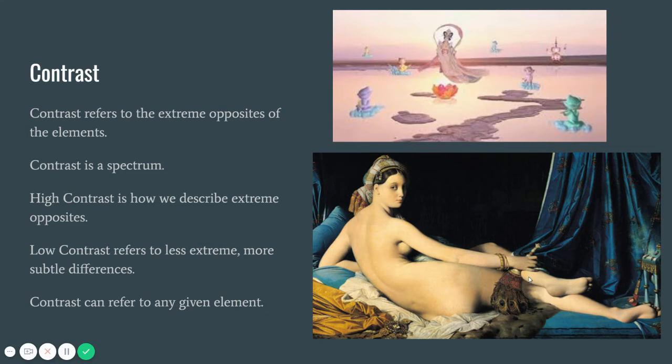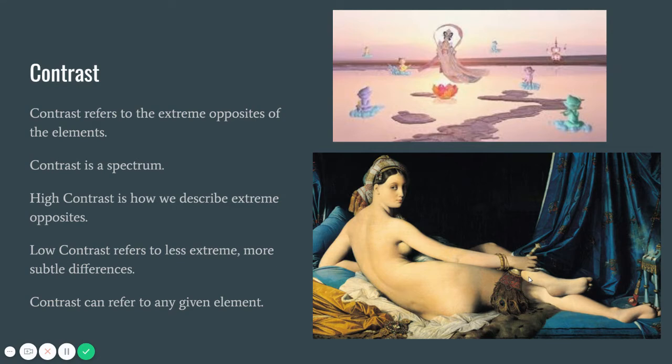Either artwork has high contrast, which means it's extremely opposite, or on the opposite end of the spectrum, artwork has very low contrast, meaning that the differences are very, very subtle, and the artwork is almost on kind of like this even keel, okay?